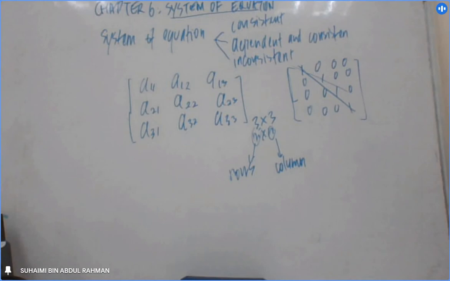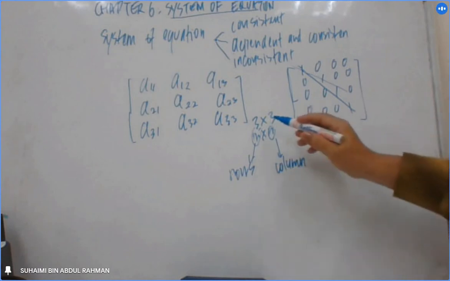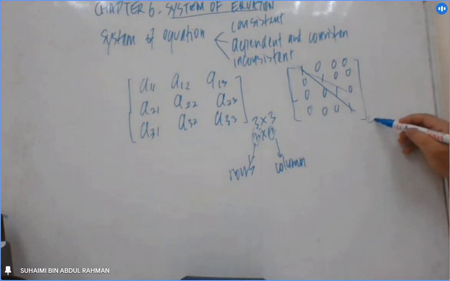Apart from that, we have upper triangular matrix and lower triangular matrix. This is only for the definition of matrix. Also, we have symmetrical matrix, when the number of rows and number of columns are the same, like this 3 times 3 matrix or 4 times 4 matrix.